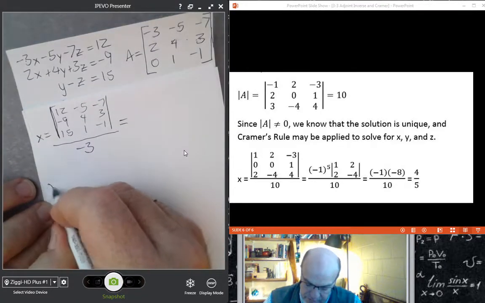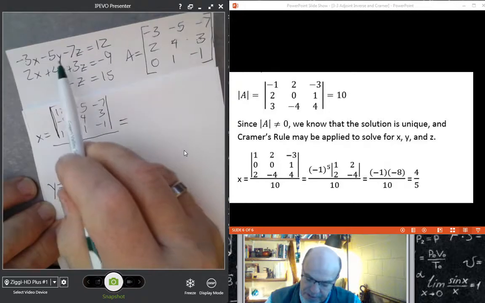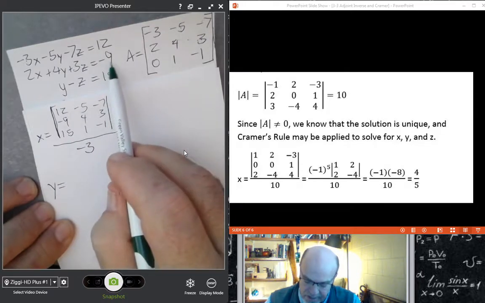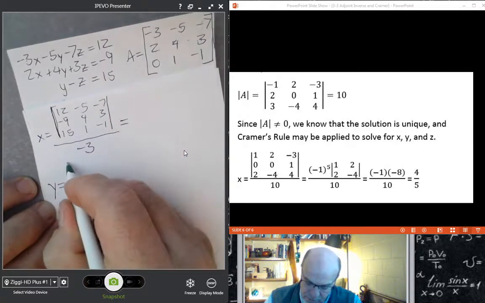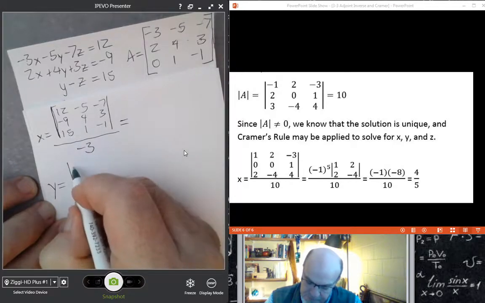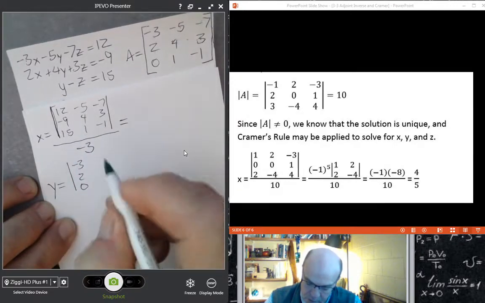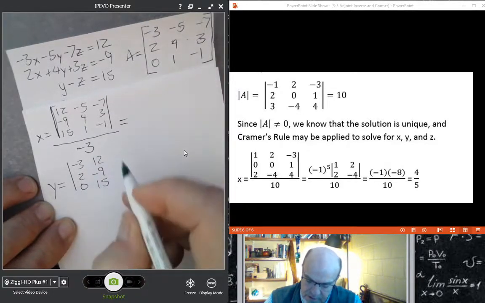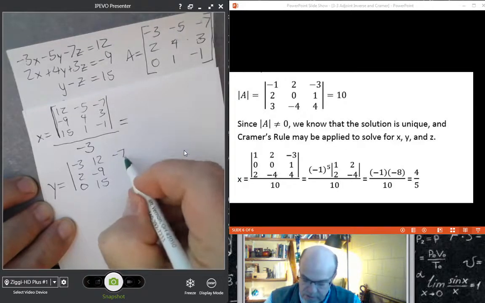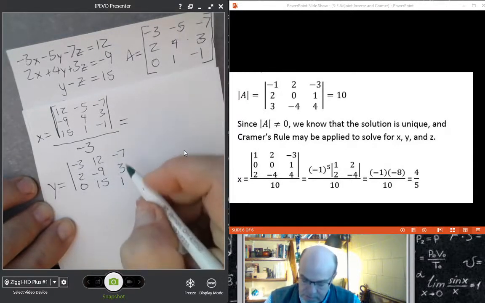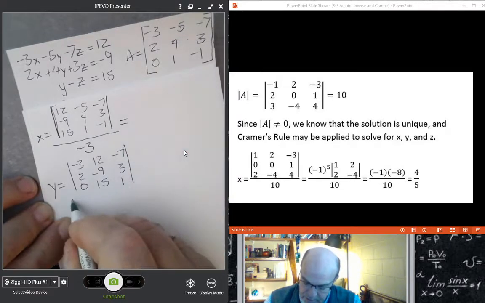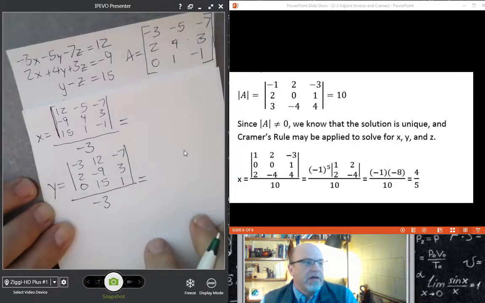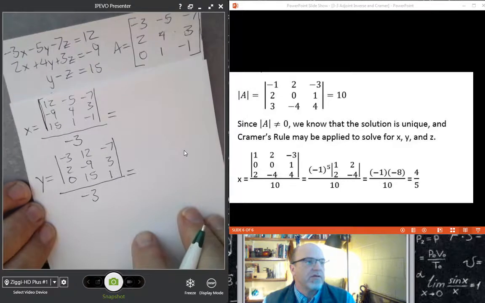If we wanted to calculate the value of y, then we're going to replace the second column with 12, -9, 15. So in the numerator, you're going to take the determinant of that matrix, divided by -3, and that's going to give you the value of y.